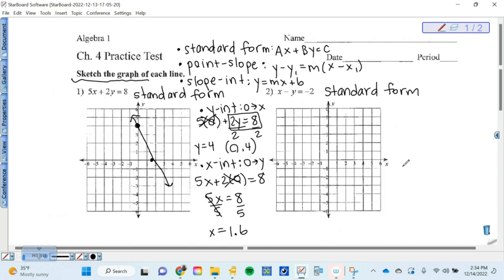What did I do in my last problem? Yeah, I have to find my x and my y intercepts. If I find my y-intercept, how do I do that? Yeah, plug in 0 for x. How do I find my x-intercept? Yeah, y equals 0. I plug in 0 for y. So if I plug in 0 for x into this equation, what does the equation look like?